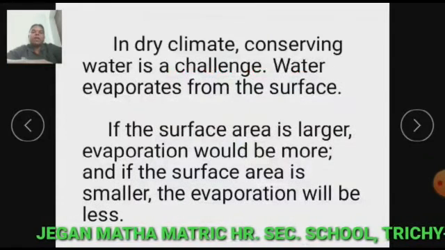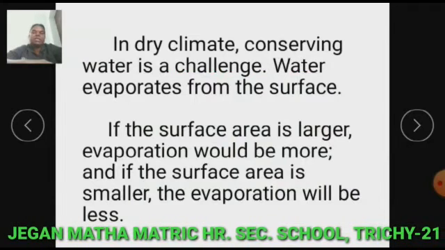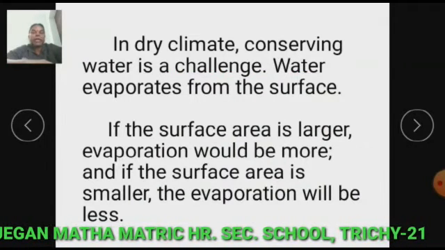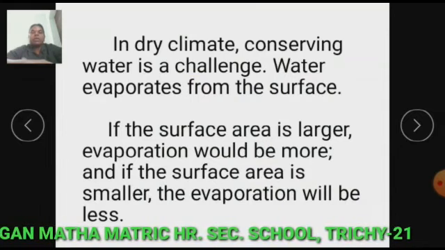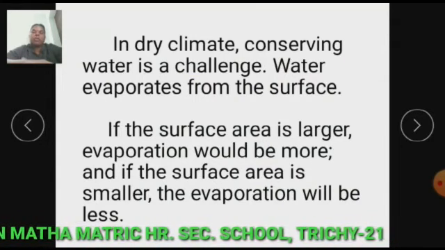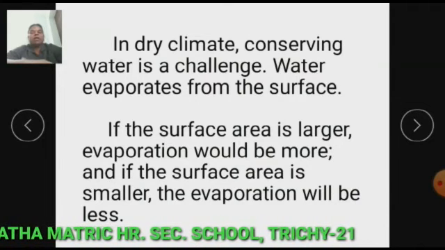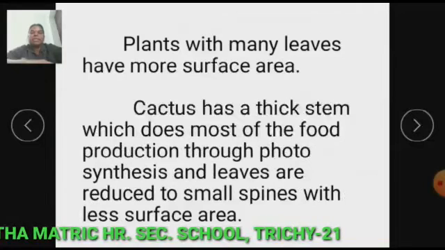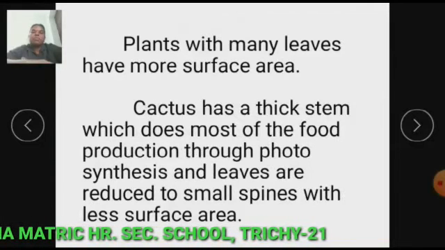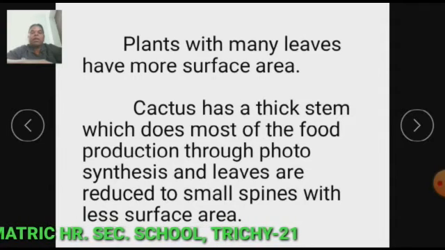Phylloclade. In dry climate, conserving water is a challenge. Water evaporates from the surface. If the surface area is larger, evaporation would be more. And if the surface area is smaller, the evaporation will be less. Plants with many leaves have more surface area.